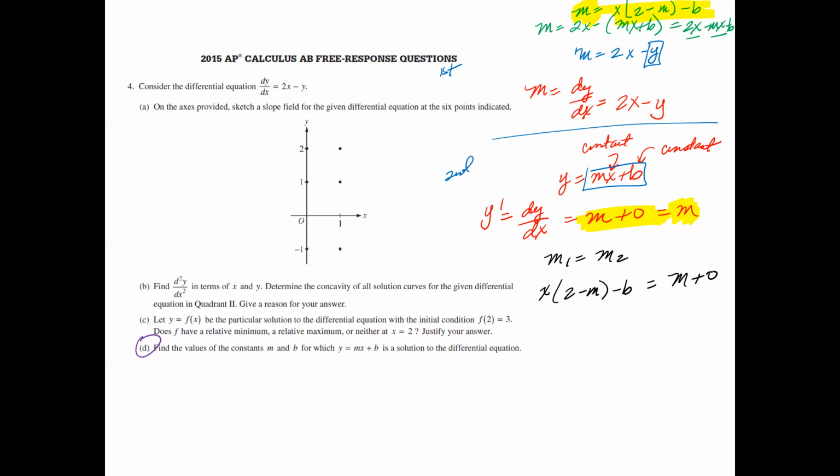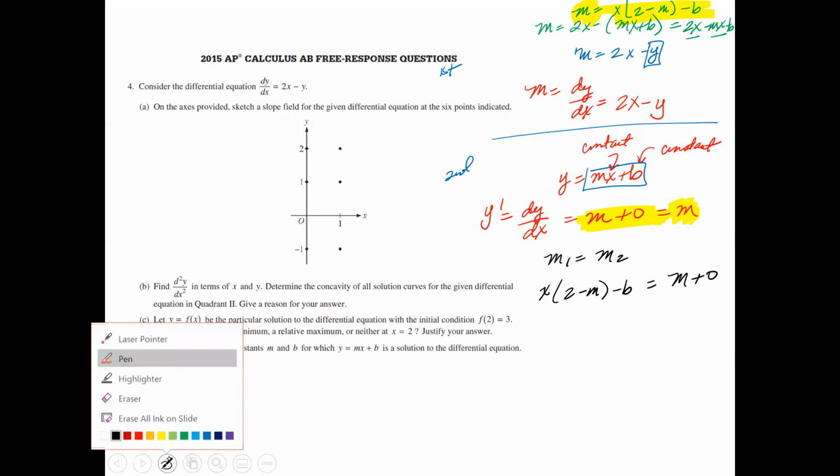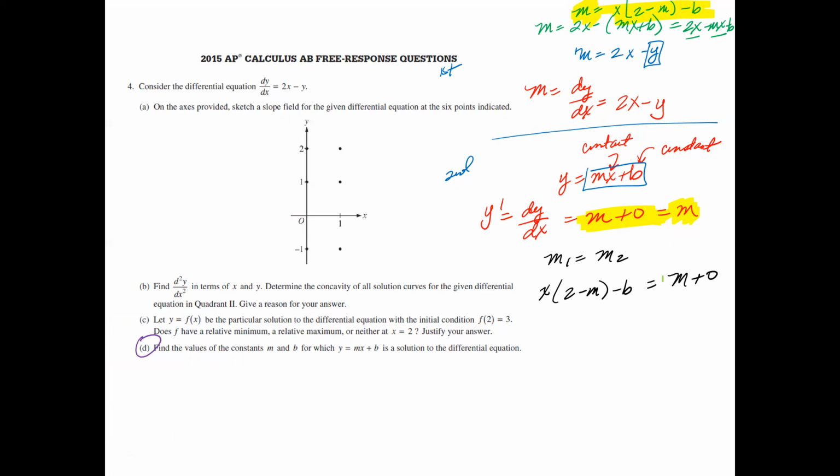Well, let's see if we set them equal to each other. My negative b is going to be matching my m. And then the x(2 minus m) is going to match the 0. And with the 0, you could put an x because 0 times x is still 0. So you have this piece right here equal to 0 and m equal to negative b.